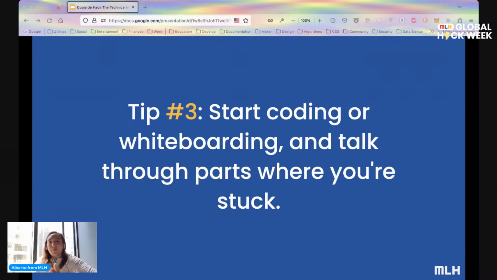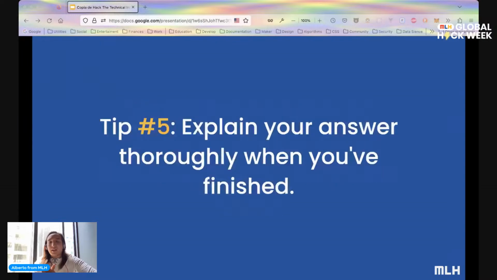Tip number five, after you already refactor it or you already said what you can change to improve it. Some companies actually place a higher value on your ability to explain your answer than on the ability to solve the problem.